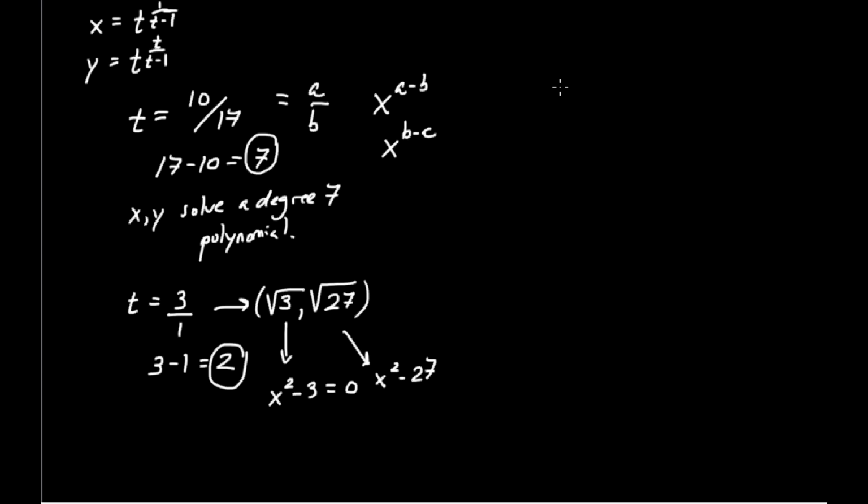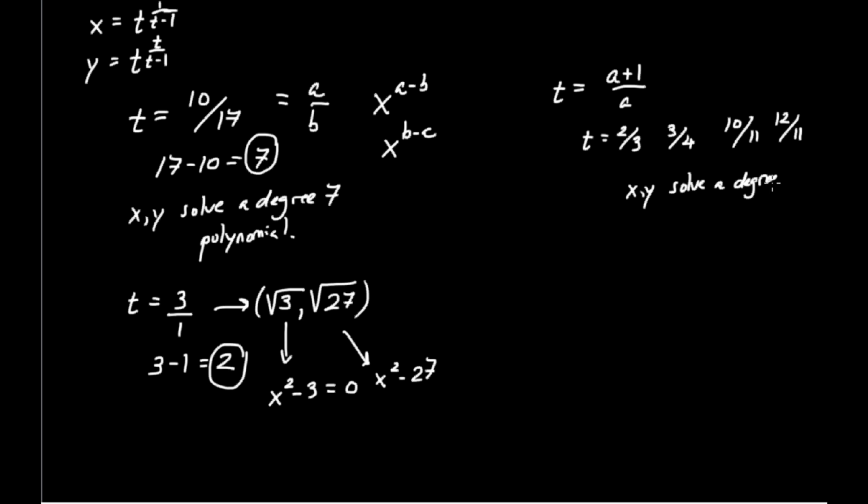Furthermore, we had that special case of when we plugged in a rational number which had the form a plus 1 over a, where the numerator and denominator just differed by 1. For example, we can plug in numbers that look like 2/3, 3/4, 10/11, or 12/11, where the numerator and denominator differ by 1. By this logic, if they differ by 1, that means that x and y are going to solve a degree 1 polynomial equation.